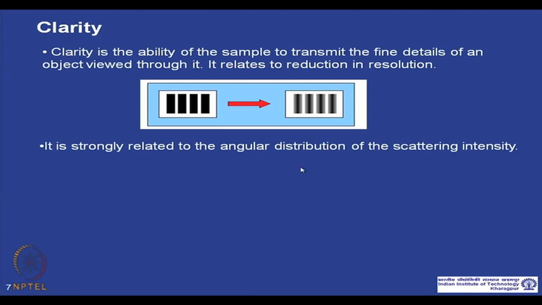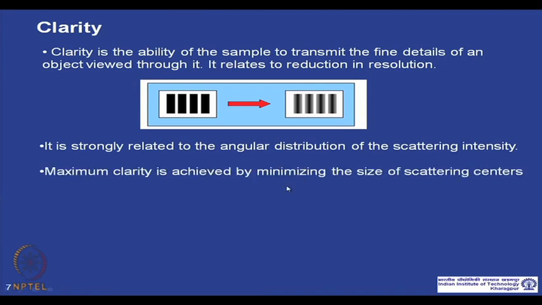It is strongly related to the angular distribution of scattered light intensity, and if the size of the scatterer is large, then the angular distribution of scattered intensity will be higher.